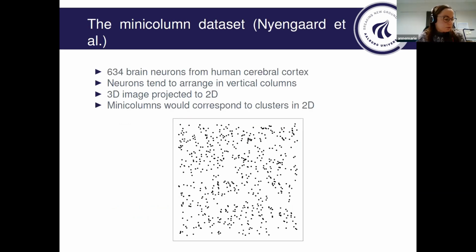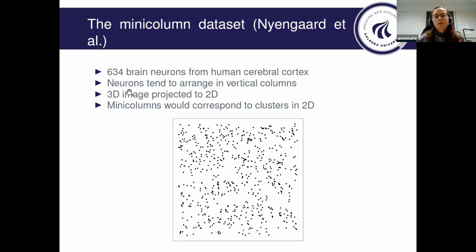Okay, so finally, I promised to show you a data example. So this is a data set from neuroscience. It was collected by the lab of Jens Nyengaard in Aarhus, and they have images from a brain, and the points in the point patterns mark where certain neurons are in the human brain. It was a 3D image originally, but here it has been projected to 2D.